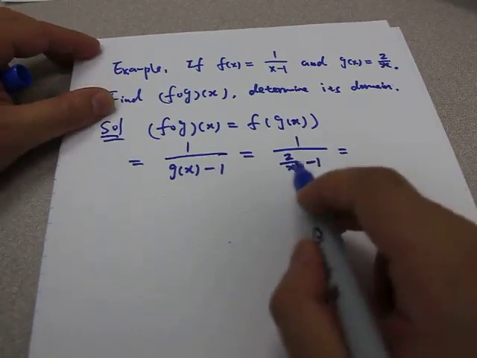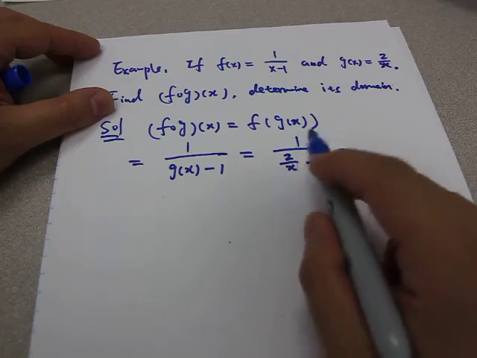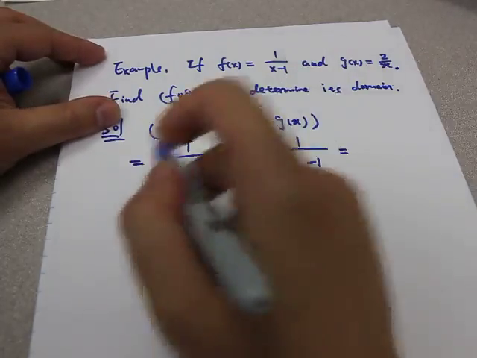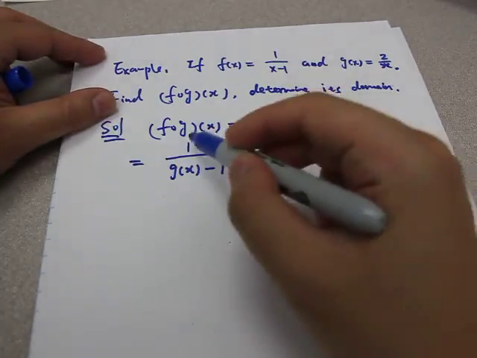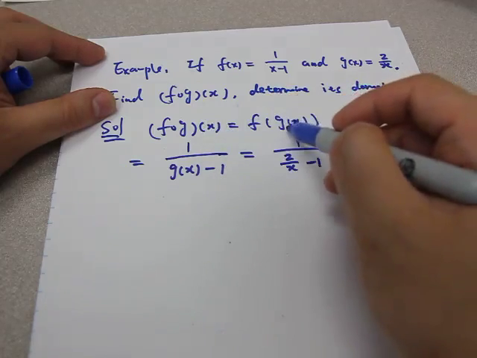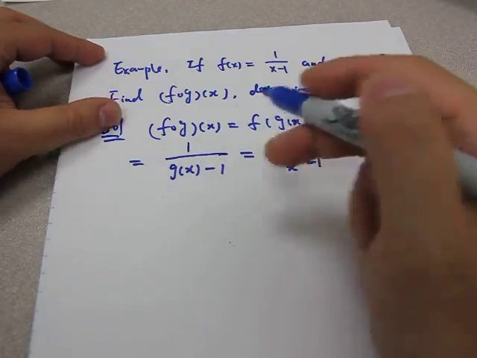Now, before we simplify this result, let's take a look at the domain. To find the domain of this composite function, we will need to start with the domain of g(x).